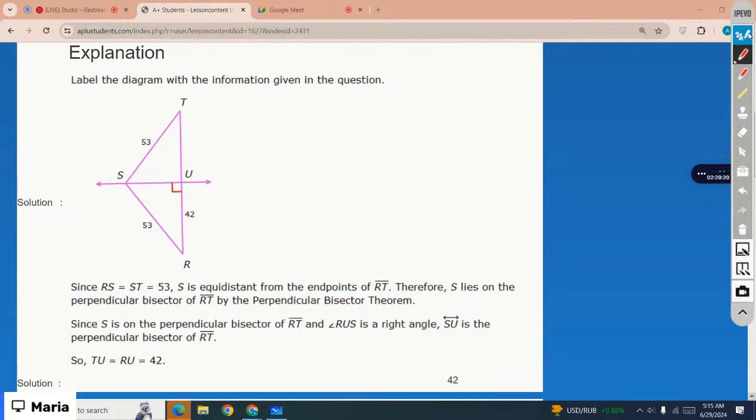So SU is the perpendicular bisector of RT. So TU equals RU equals 42. So the correct option is 42.